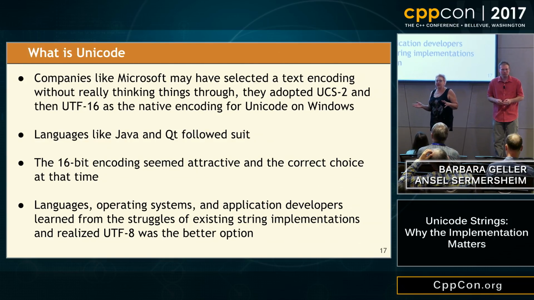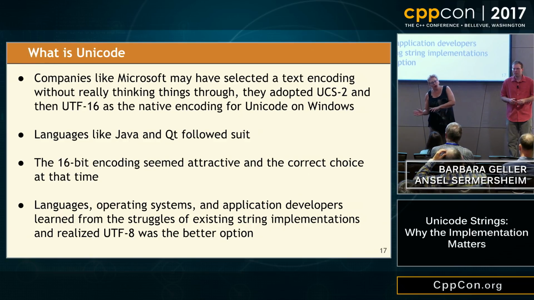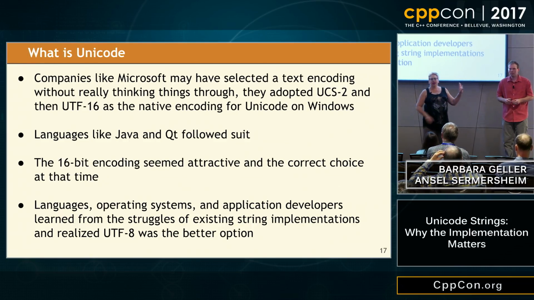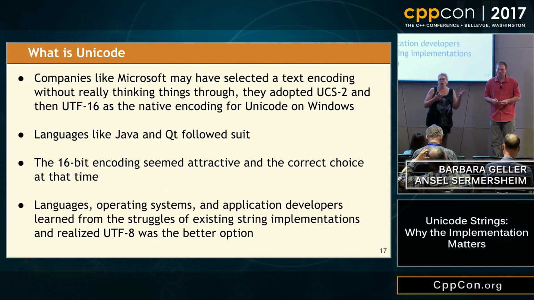We use UTF-16, and in some ways, now, looking back, we didn't really think this through. In fact, the Unicode Consortium felt the same way: we didn't think it through, and now what? Now we're partway through, everyone is using UTF-16, what do we do?